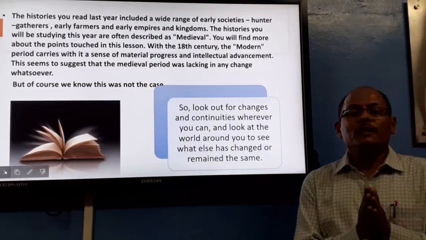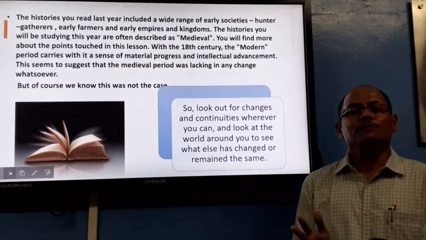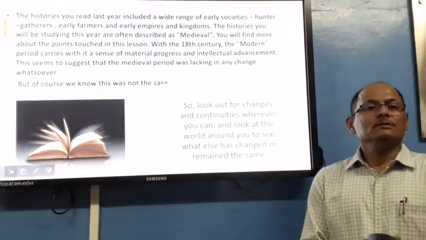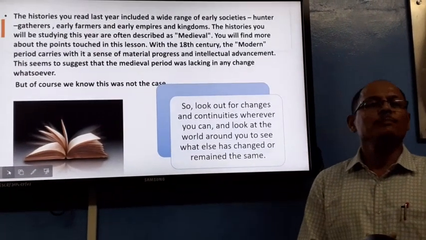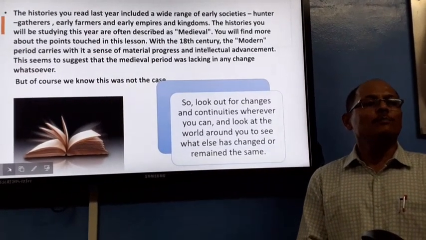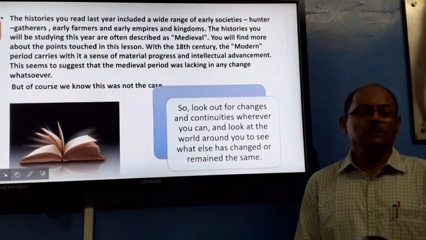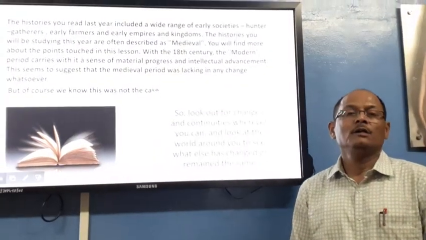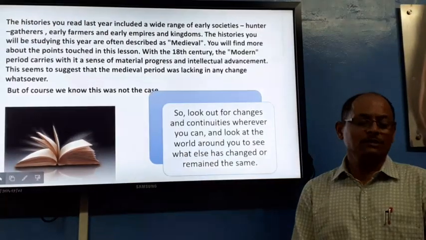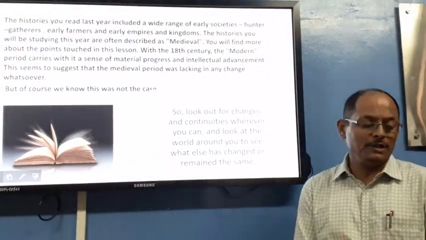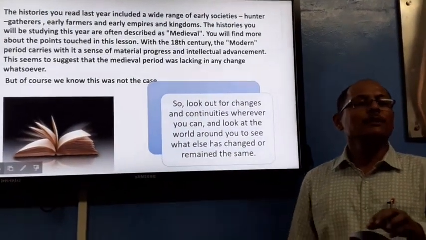So they give us diverse and wide-ranging information. The histories you will be studying this year are often described as medieval. You will find more about the points touched in this lesson. You are going to study maps, terminology, sources of history, technology, new social and political groups, region and empire, old and new religion. So this is what you are going to learn in the coming lessons.